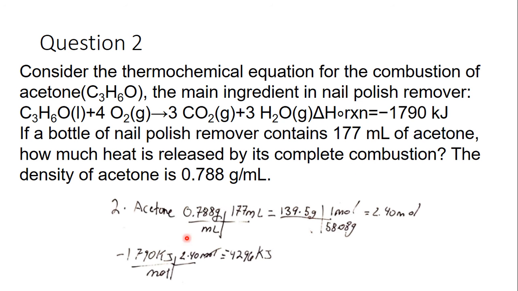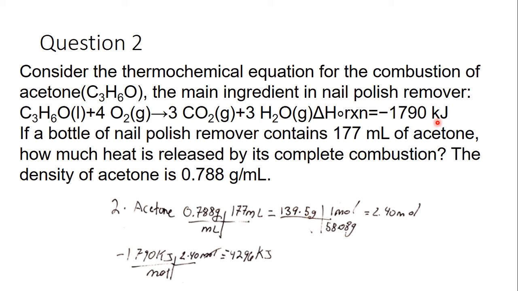energy. So when we take our density, grams per milliliter, multiply it by our total milliliters, we see we have 139.5 grams. If we look up the molecular weight of acetone, we see that acetone has a molecular weight of 58.08 grams per mole. So I take the weight of my acetone, divide it by the molecular weight, and I see I have 2.40 moles.